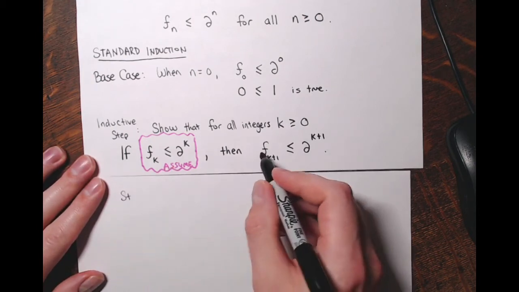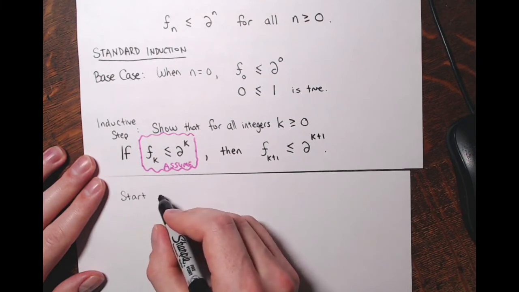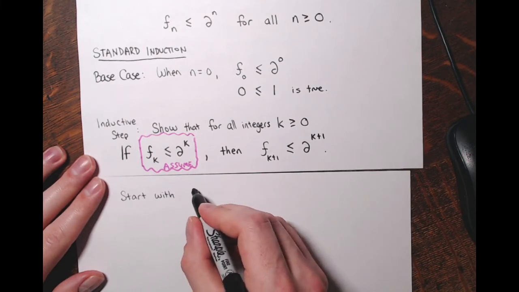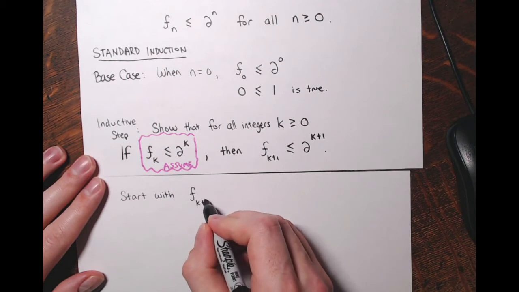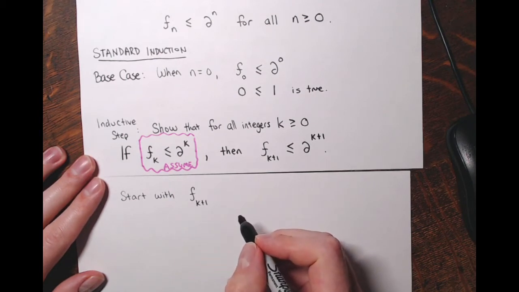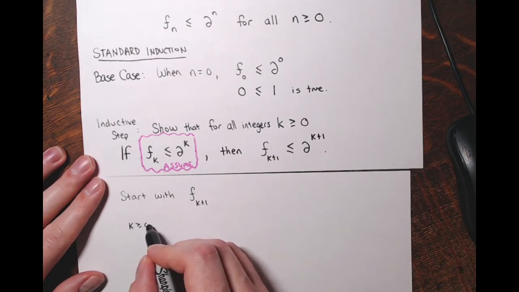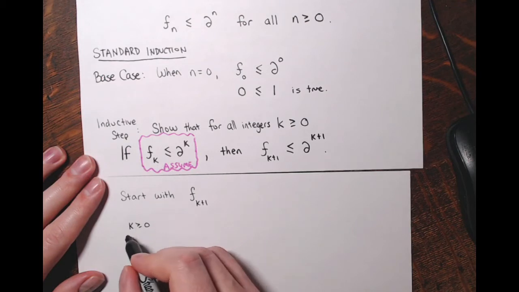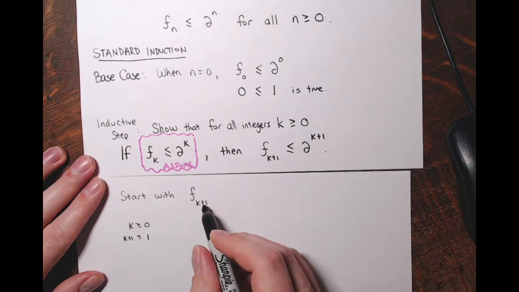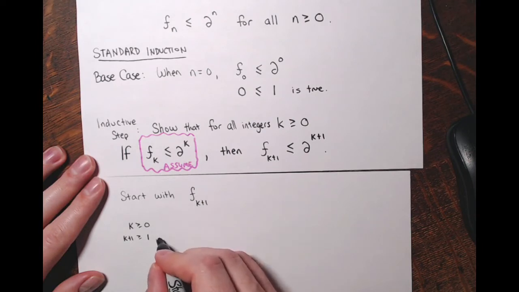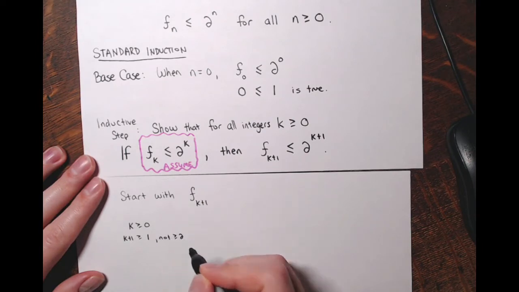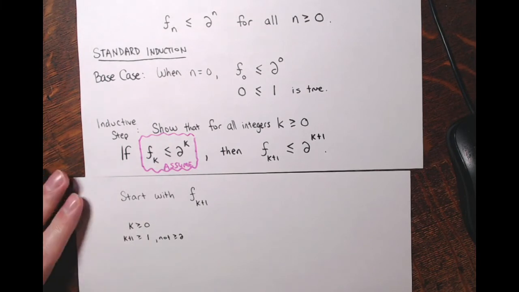So over here, maybe, if I started with the left side, f sub k plus 1. Now, here's the thing. k is greater than or equal to 0, so k plus 1 is greater than or equal to 1. So this subscript is greater than or equal to 1, but that's not greater than or equal to 2 all the time.